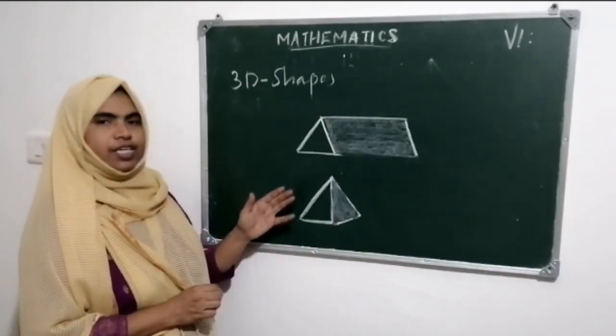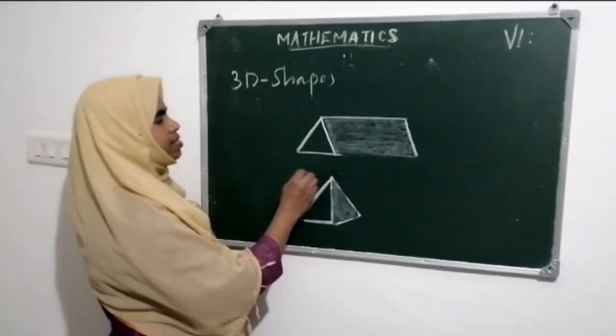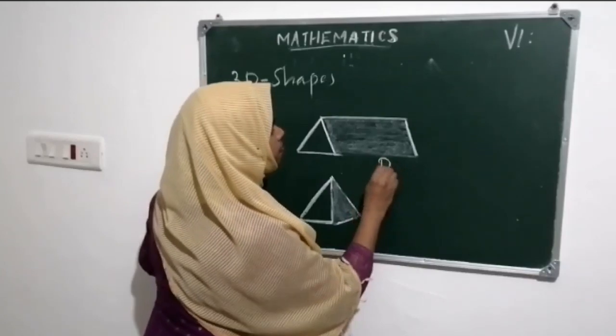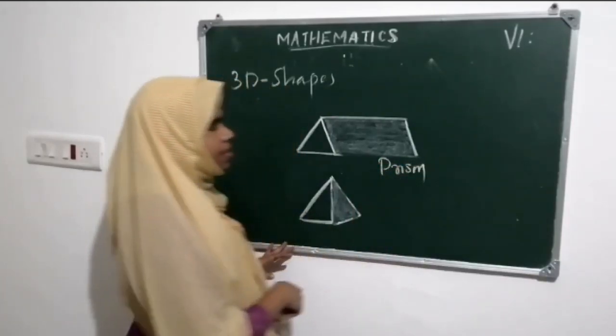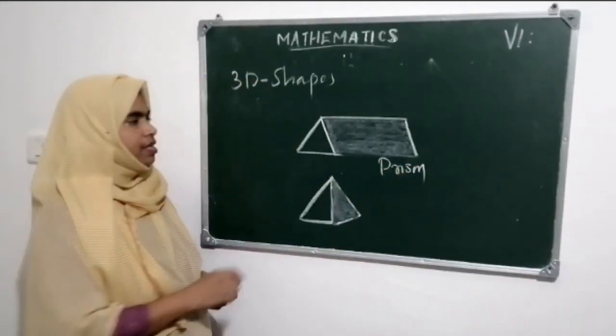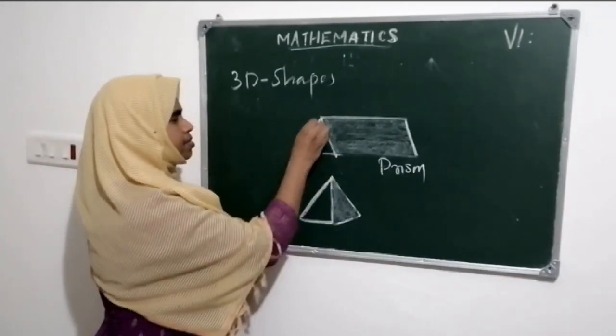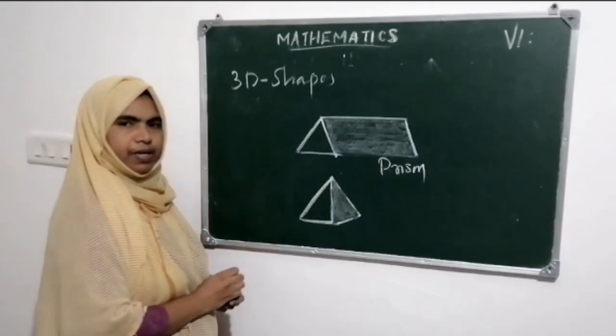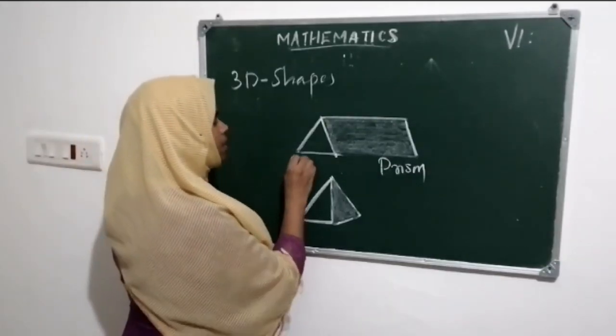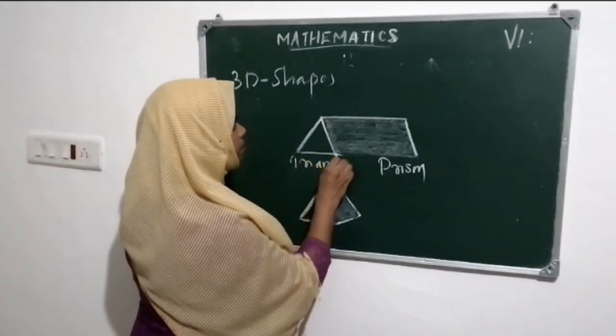See these 3D shapes. This is a prism. This has a triangular base. This is the base, triangular base. So this is called a triangular prism.